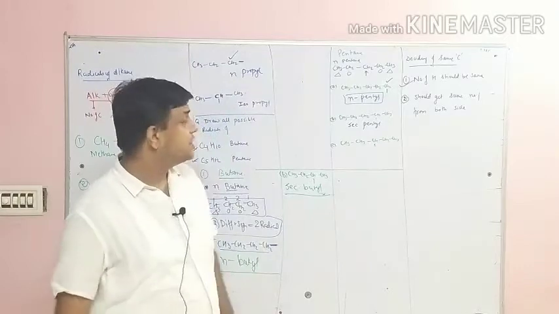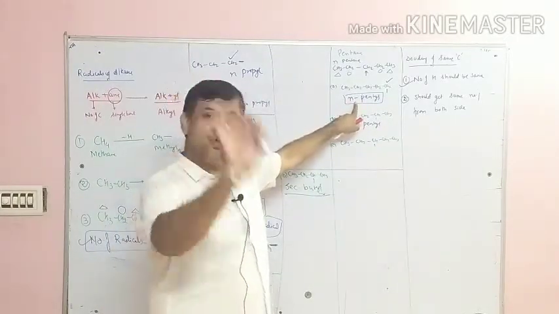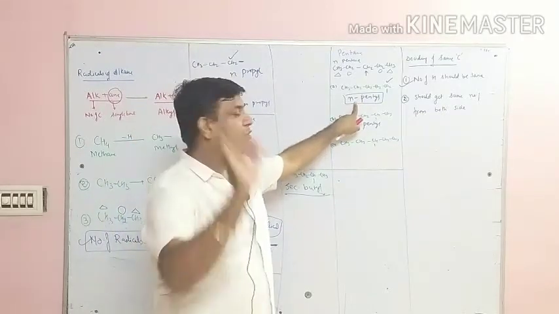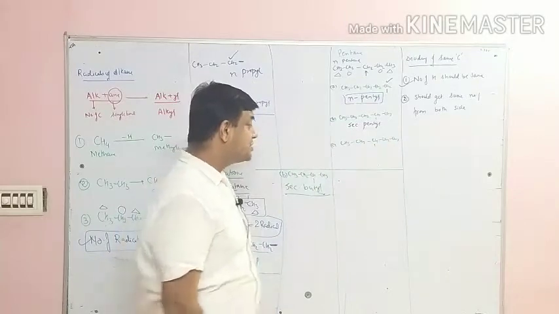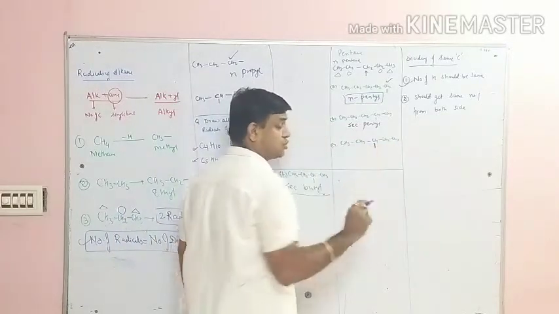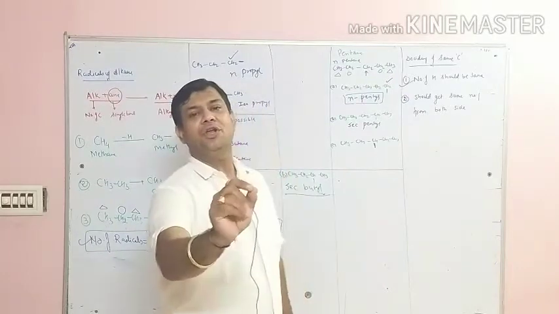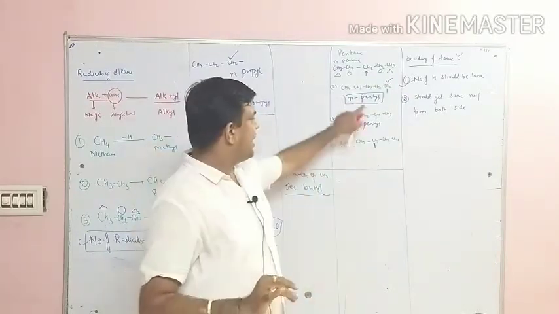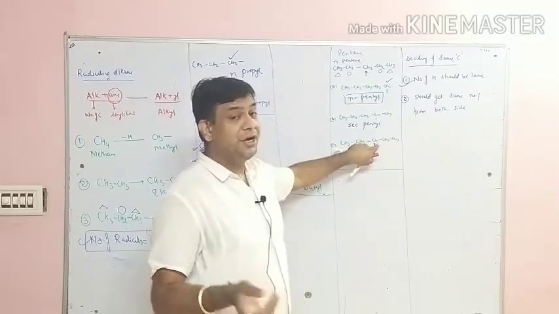Remember one thing students, name never repeats. If we have given the N-pentyl, then no other radical of the pentane will be given the name N-pentyl. Same for the secondary pentyl. Now the question arises, how we can name this? So make it clear that first you try by naming according to N-iso and neo. N is there, it is not iso because two methyls are not there with this carbon, it is not neo.